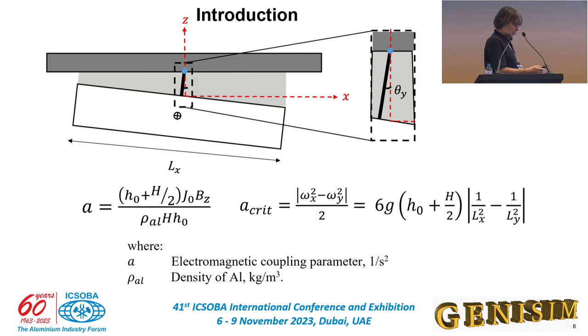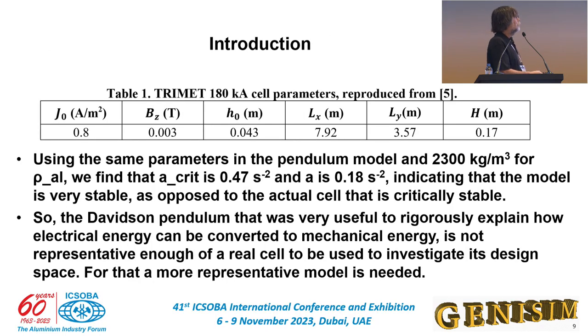Next I will show that for this pendulum, with the dimensions for a typical cell, for us we are again using the 3-met cell, except for BZ, because it's a constant, we have to pick a constant number. So ACD is here: the length, the width of the cell, the metal pad thickness, and then the current density.